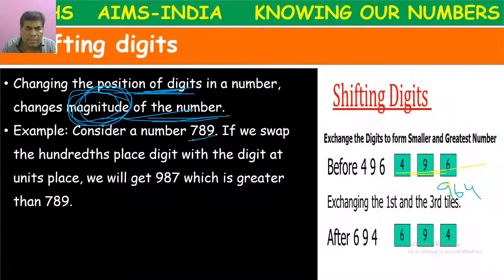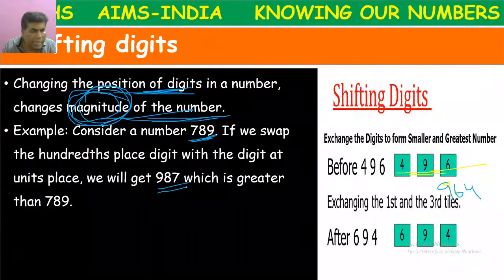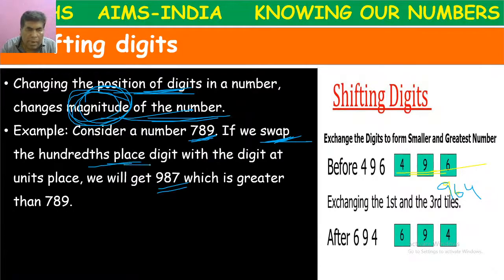Consider a number 789. From 789, if we interchange, what happens? It will turn into 987. It is called a swap, shifting the digits or swapping the digits. The hundreds place digit is swapped with the digit at the units place. 9 came here, 7 went there; both of them swapped with one another.